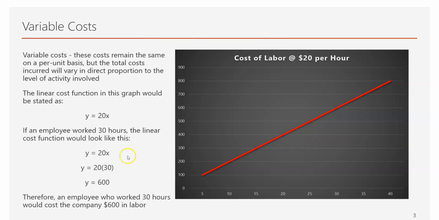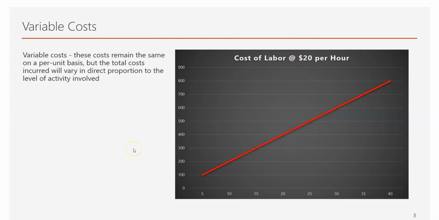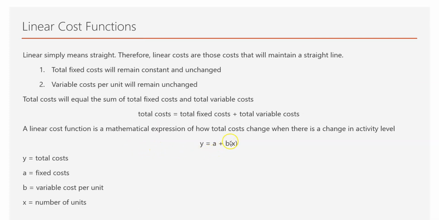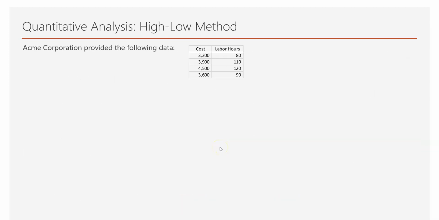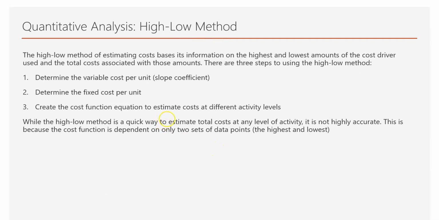In the illustration here, my slope coefficient would be $20, because that's my $20 per hour unit. I just want to make sure I touch base with you on that, and that B is represented as my slope coefficient. So now let's go back. I want to determine the slope coefficient, then determine the fixed cost, and then create the cost function equation to estimate costs at different levels of activity.